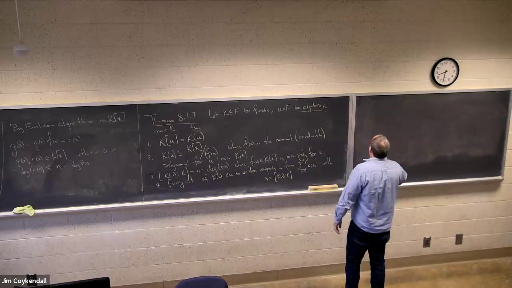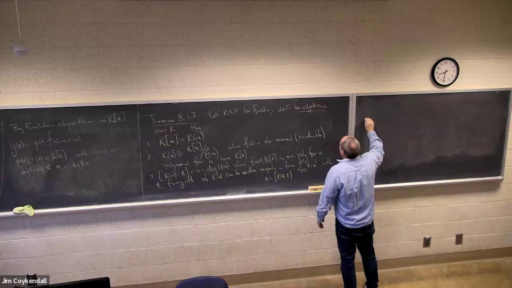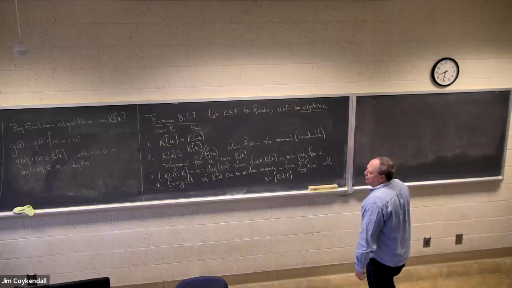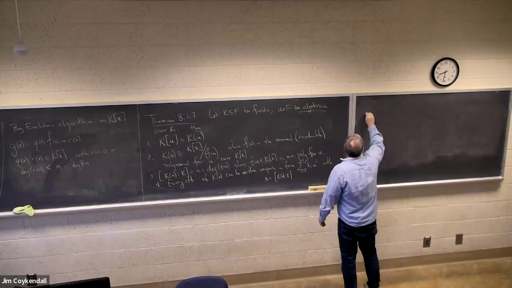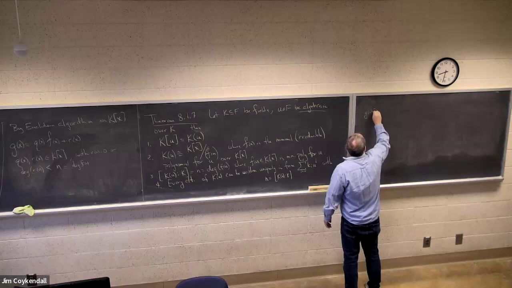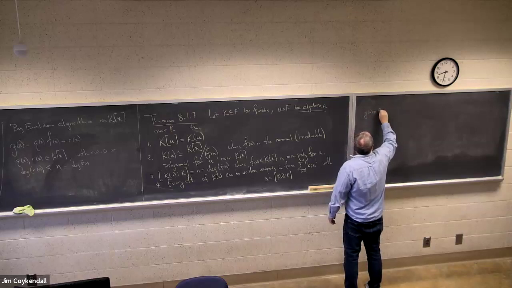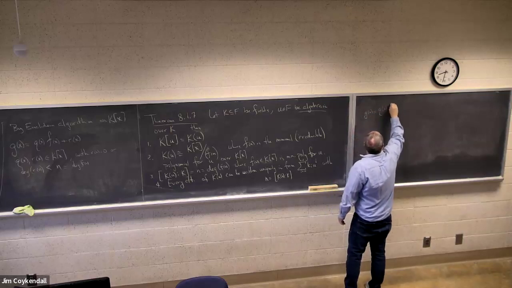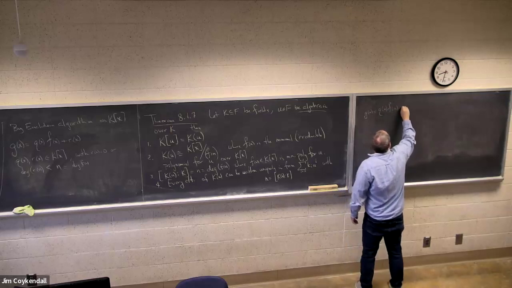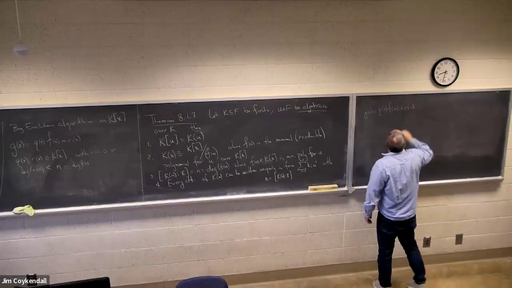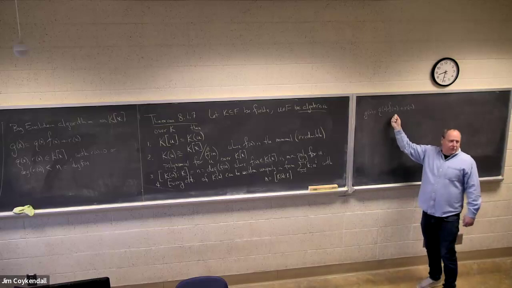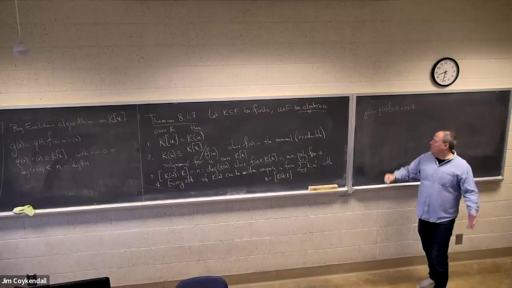Notice now that G of U, which was our element, is equal to Q of U times F of U, plus R of U. But of course, U is a root of F, so this is gone.